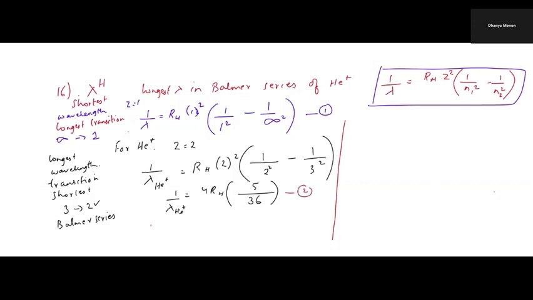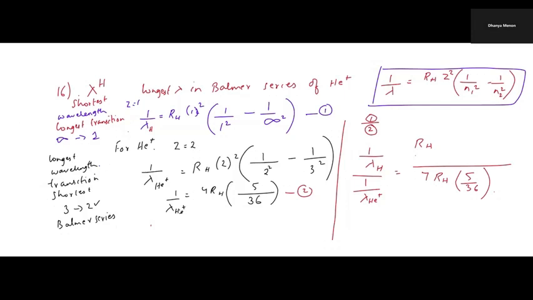If I divide equation 1 by equation 2, for hydrogen 1 by lambda H is equal to RH, divided by 1 by lambda helium ion, which is 4 RH times 5 by 36.